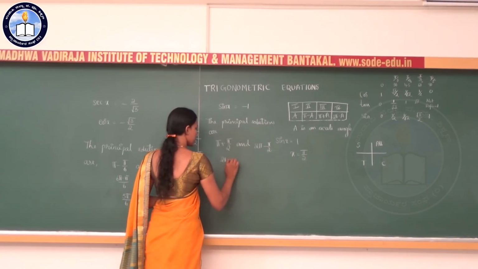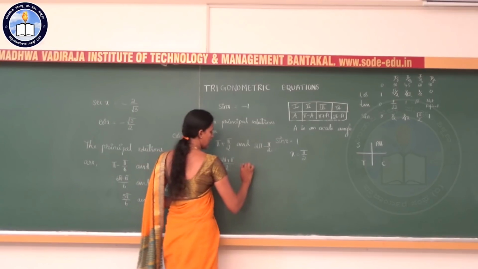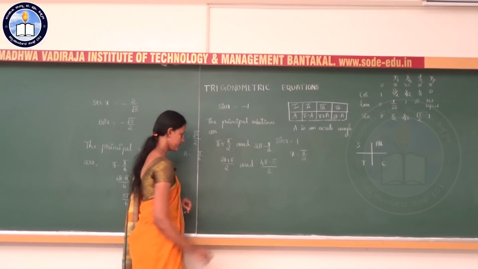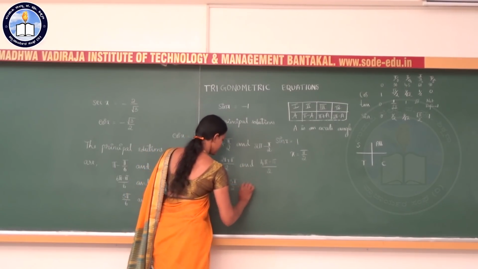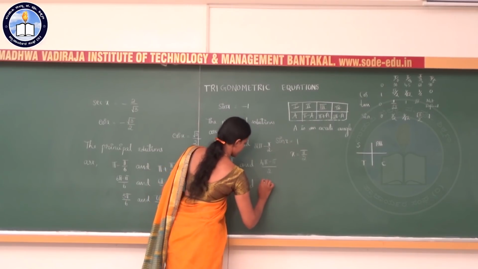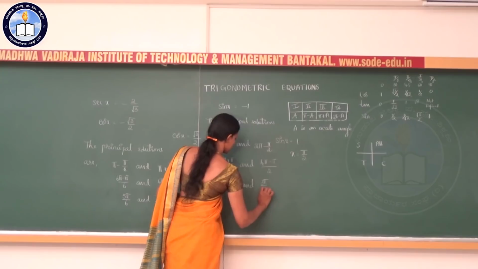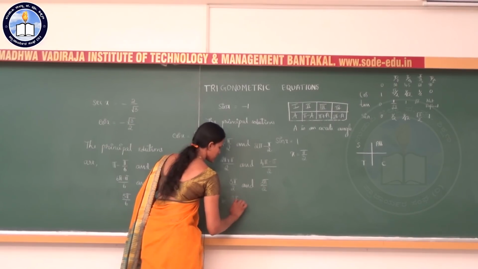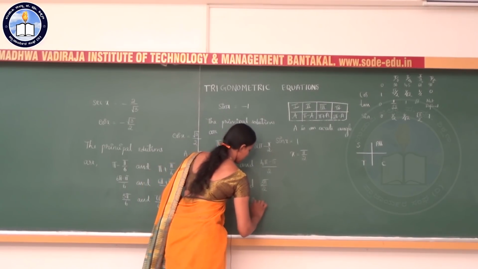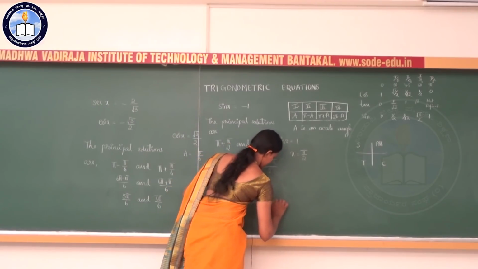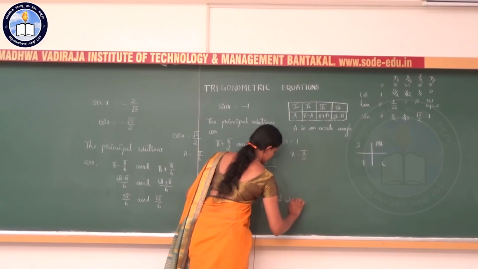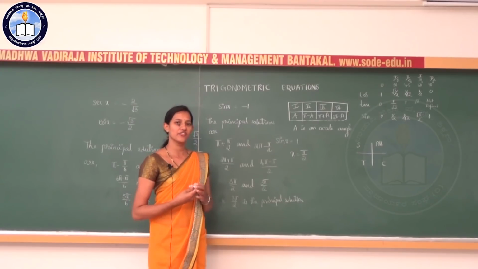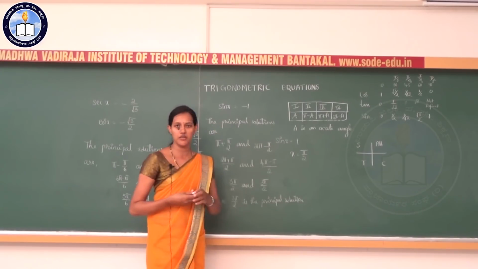Simplify this, 2 pi plus pi divided by 2 and 4 pi minus pi divided by 2, that is 3 pi by 2 and 3 pi by 2. That is 3 pi by 2 is the principal solution. So this is how we find the principal solutions of a trigonometric equation.